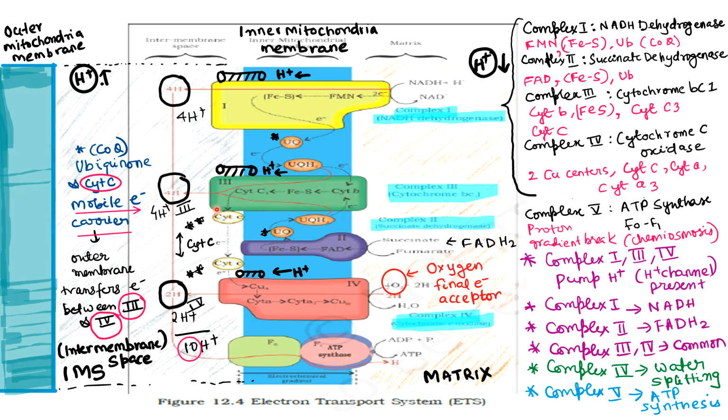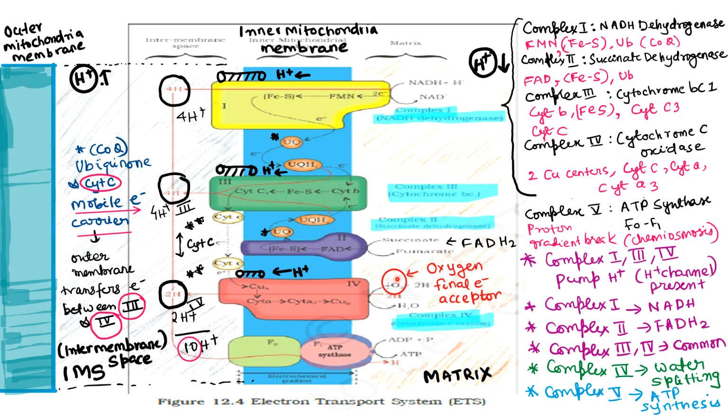Again this cytochrome C1 passes the electrons to the mobile electron carrier, cytochrome C, which again gives its electrons to copper center B via copper center A, cytochrome A and A3.